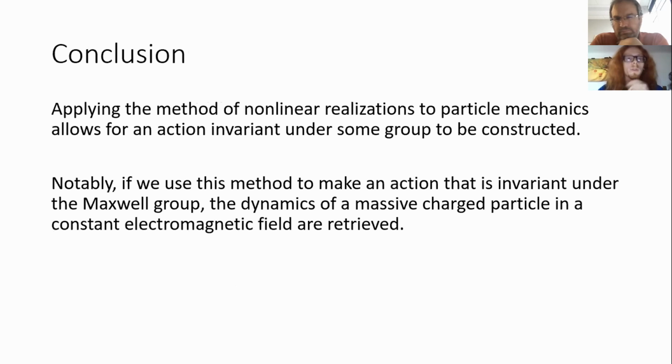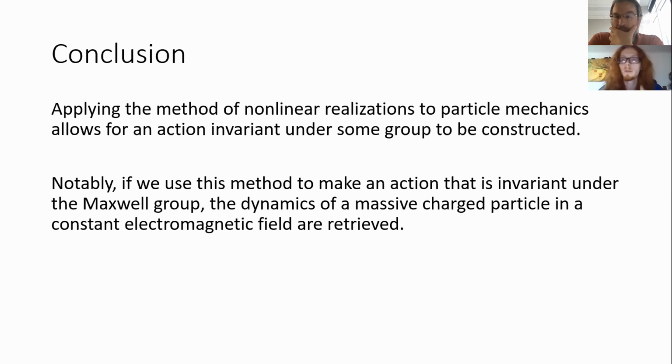And so just to reiterate as a conclusion, we can apply the method of nonlinear realizations, which is this coset construction with a Maurer-Cartan calculation. We can apply that method to particle mechanics, obtain an invariant action that's invariant under some group, and then apply the Euler-Lagrange equations, solve them, and get incredible dynamics.